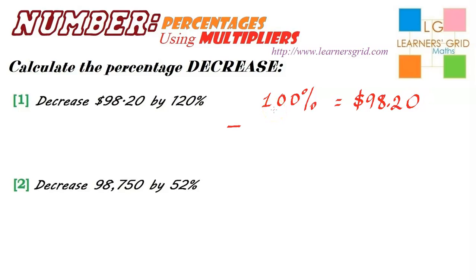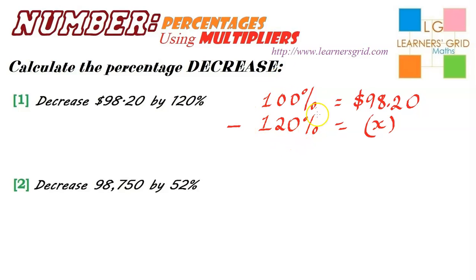From that 100%, we need to subtract the decrease percentage. And in this case, it's 120%. Now, we don't know what 120% is going to be yet, but we have to subtract that from 100%.